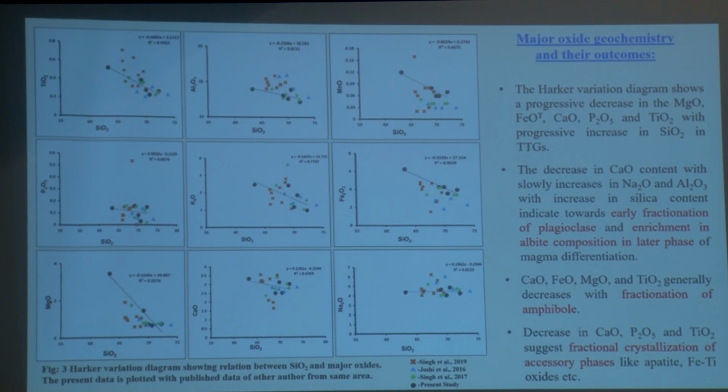As you know very well, if tonalitic gneiss is fractionated, then only can we reach towards the more potassic granite.